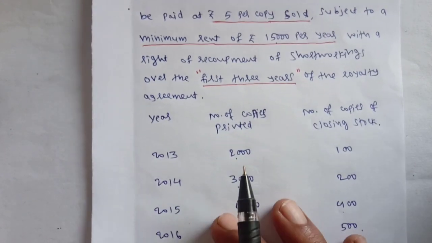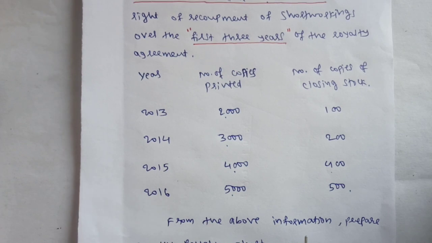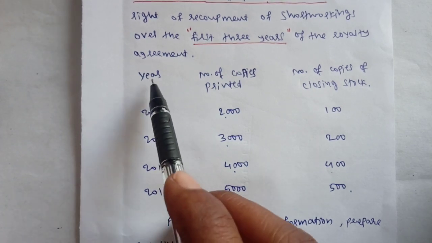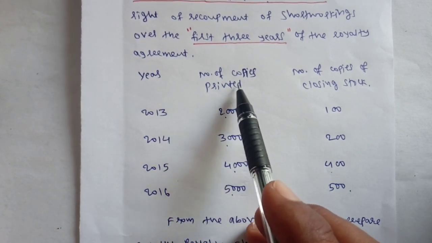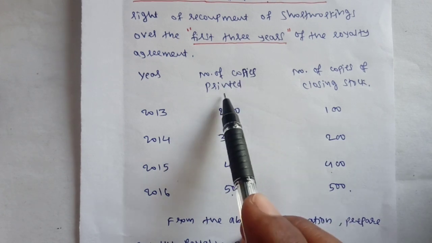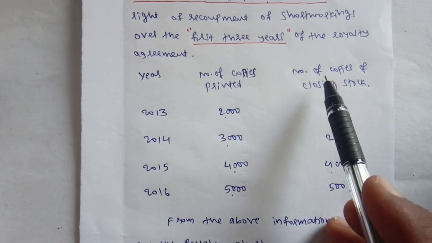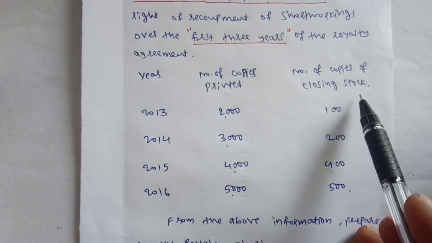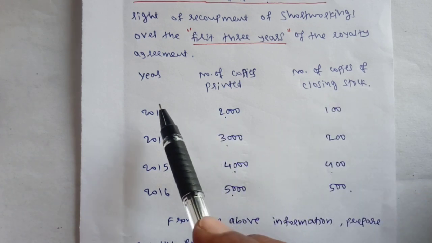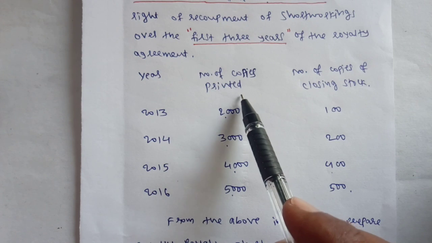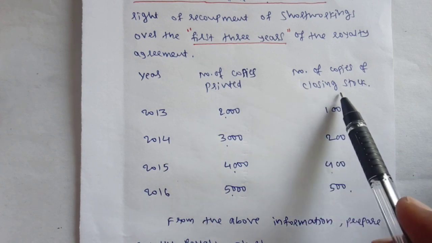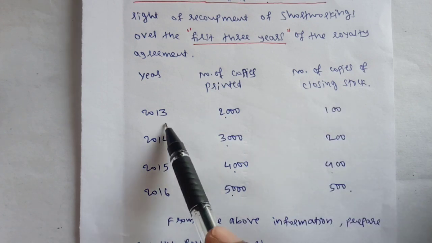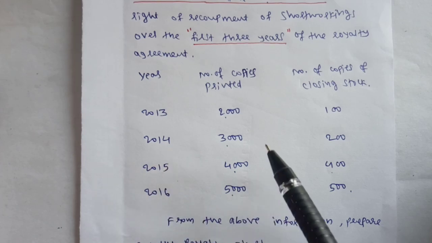Now here information is given for 4 years. See, first column is year, second column is number of copies printed, and third column is number of copies closing stock. Okay, 2013, 14, 15, 16.